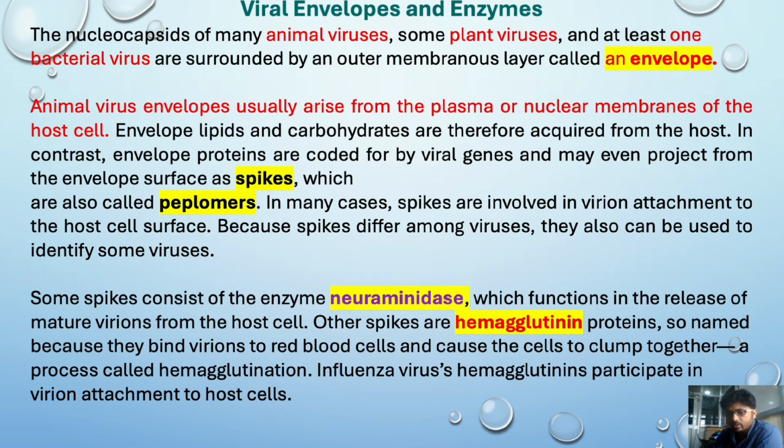Now coming to the envelope part. The envelope is a very important section of the virus, but not all viruses contain it. Only enveloped viruses contain this envelope. So why do they contain it?